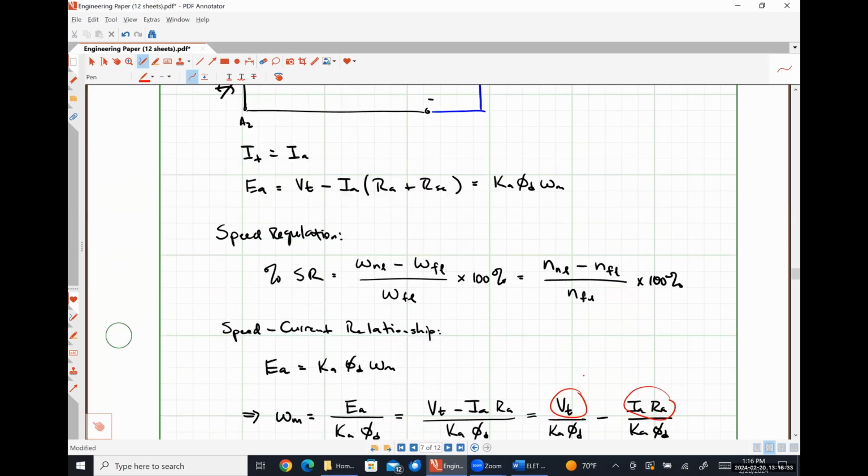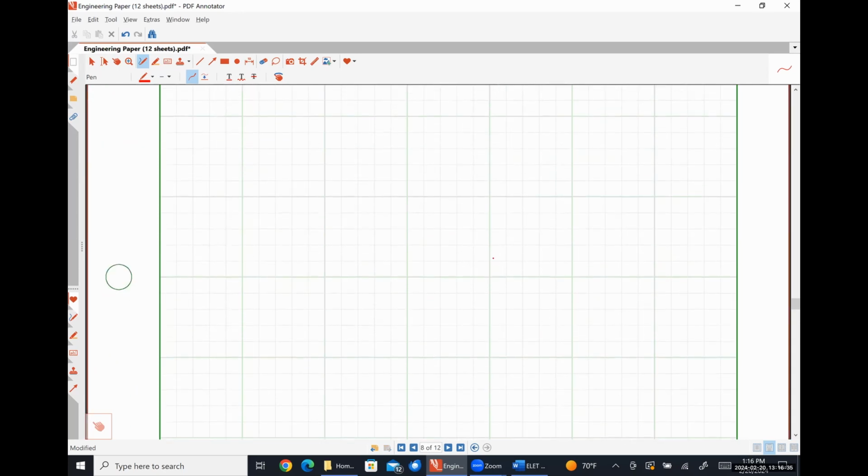Let me scroll down here. So this would be characteristic of what's called an outrunner brushless DC motor. And so I'm going to draw this the best way that I can. So I have typically six coils like so.